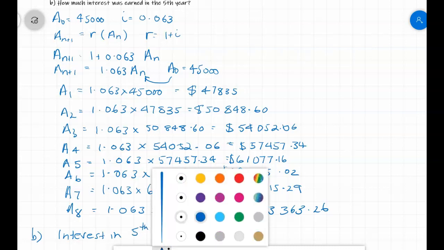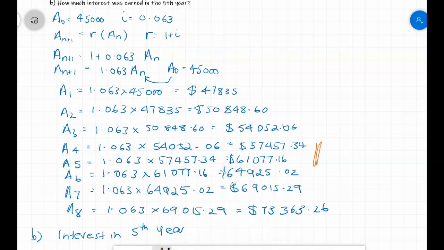Now I need to go back and have a look at the 4th and 5th year. I'm interested in these two values. That's my 5th year, isn't it, coming across here? Yes, so I want this one and this one, because it's the 5th year minus the 4th year to find out how much was actually earned in that 5th year.